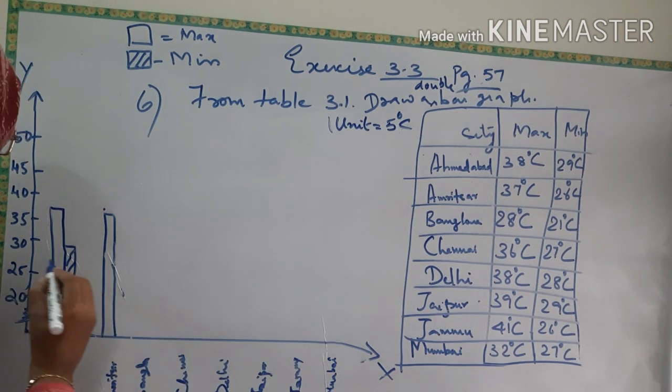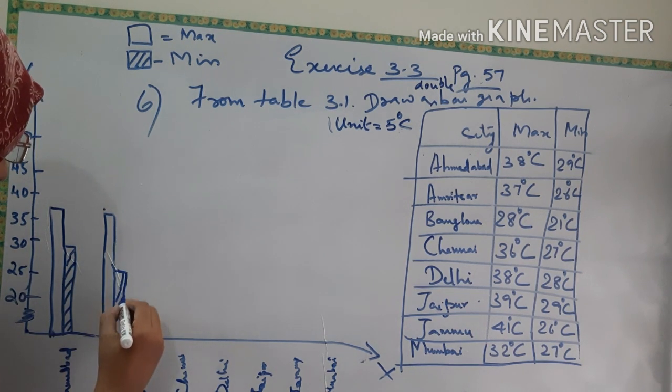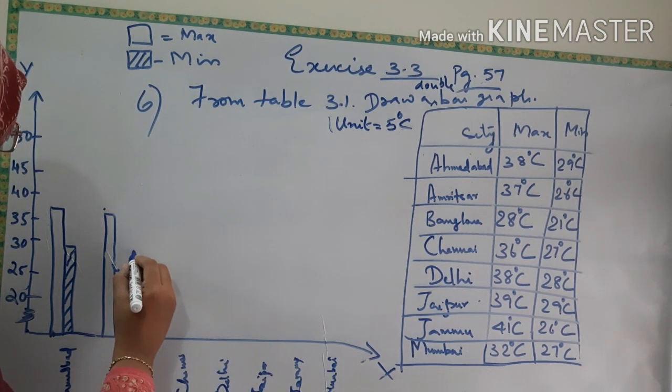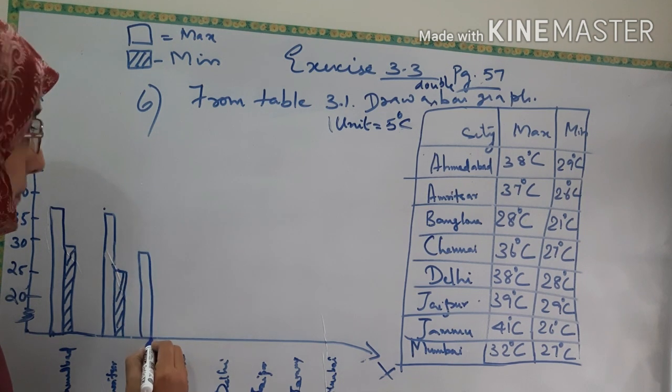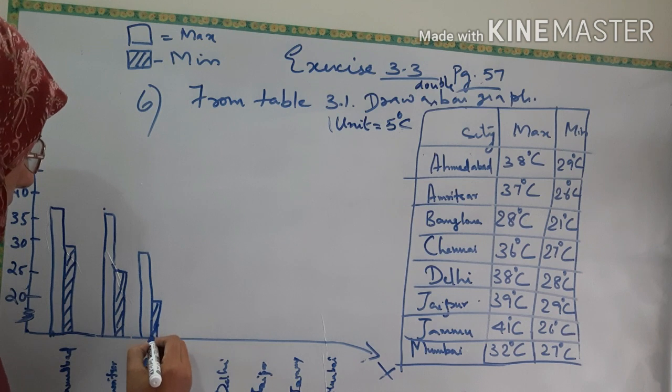And minimum it is 26. Then Bangalore, it is 28, and minimum 21.